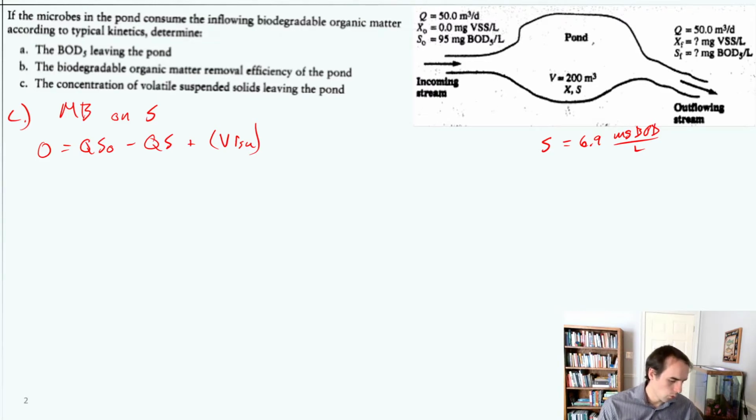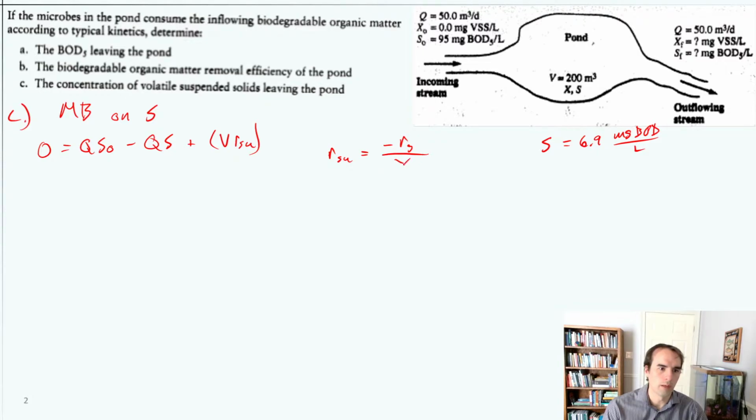So we know that R sub SU, substrate utilization, we can write as basically the inverse of the rate of growth.